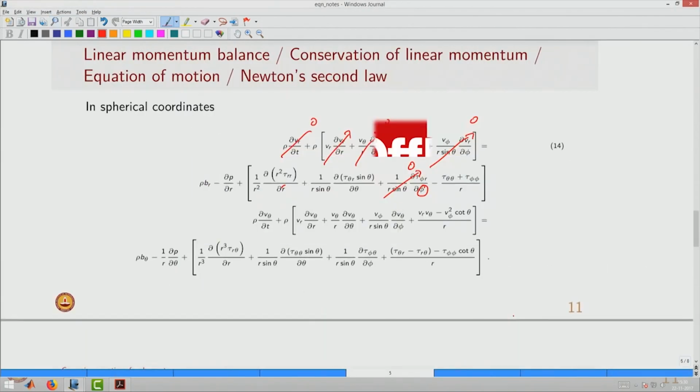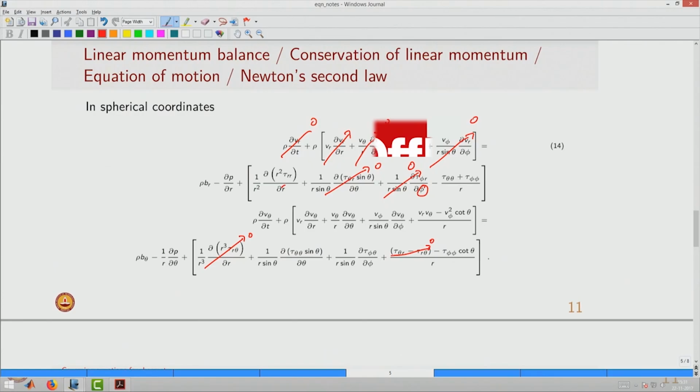So, we can then say that the stress tau theta r will also be 0, and similarly here we will have tau theta theta which will not be 0 because this is a normal stress. Tau r theta will be 0, and similarly these terms will be 0, tau phi phi may not be 0.